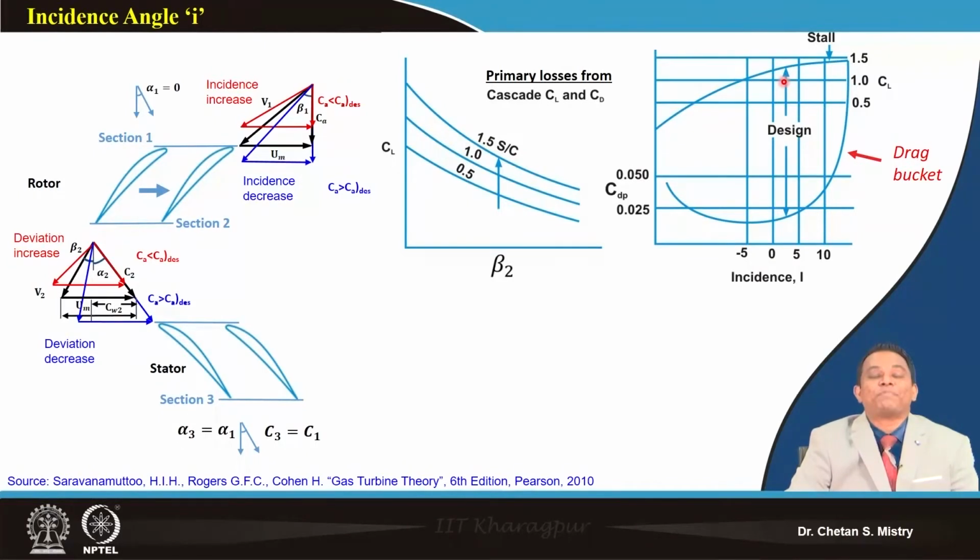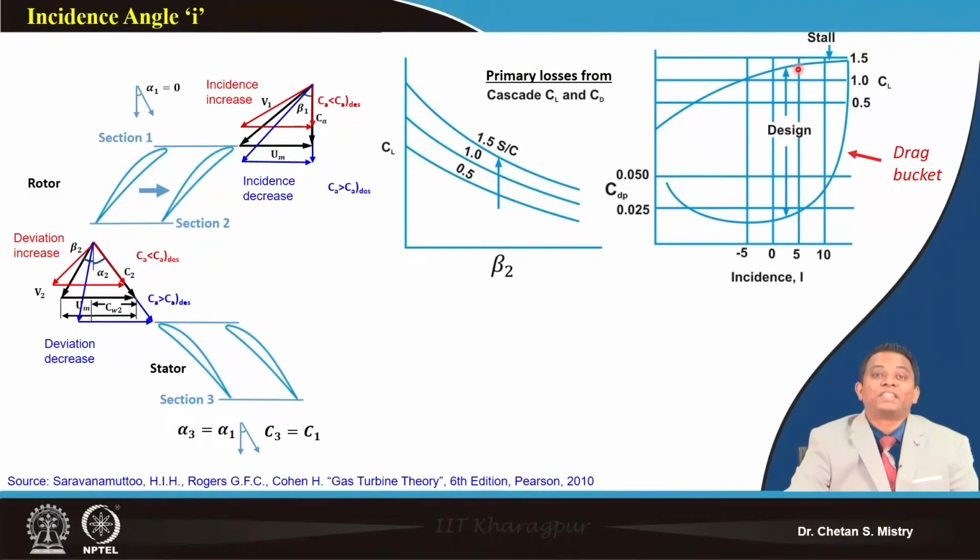So these are my characteristics of aerofoils. Now here, suppose somewhere I have some design point, which I have already designed for. Now what happens if my incidence is increasing? So this is the increase of incidence, say plus 5, plus 10. We can see that it is giving me higher CL.